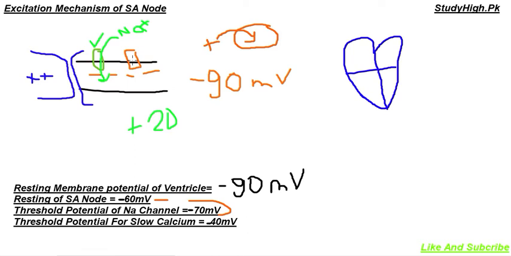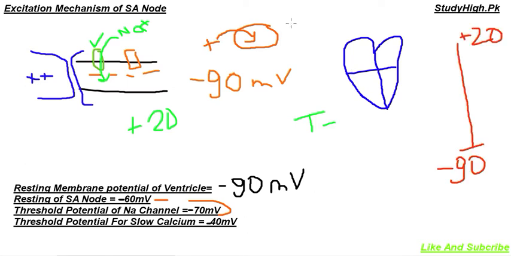You must also know that this is an L-type slow calcium channel. I have explained the different types of channels: the L-type calcium channels, which are slow to open and slow to close, whereas another type of calcium channel is the T-type channel. I have also explained the slow and fast potassium channels. So during generation of the action potential, what happens? First, it is at a resting membrane potential of minus 90 millivolt.